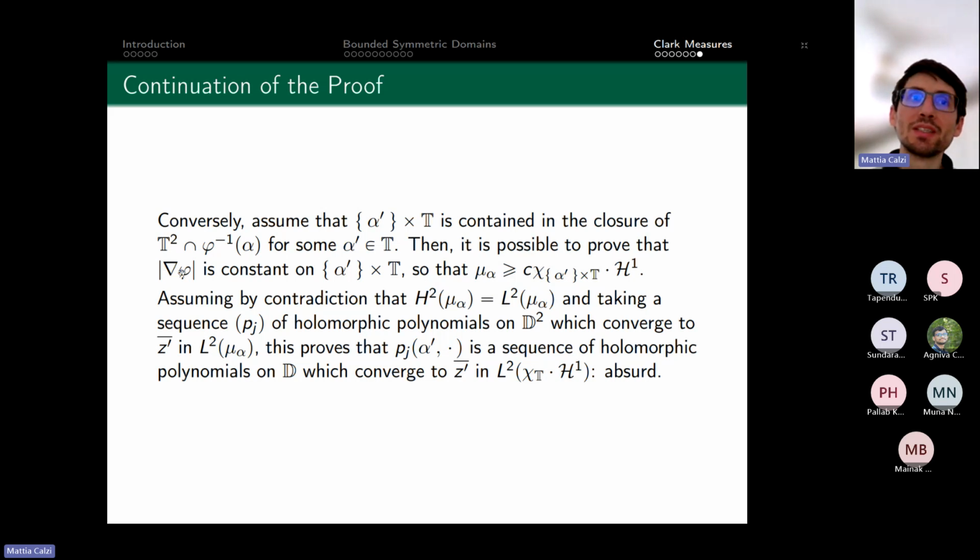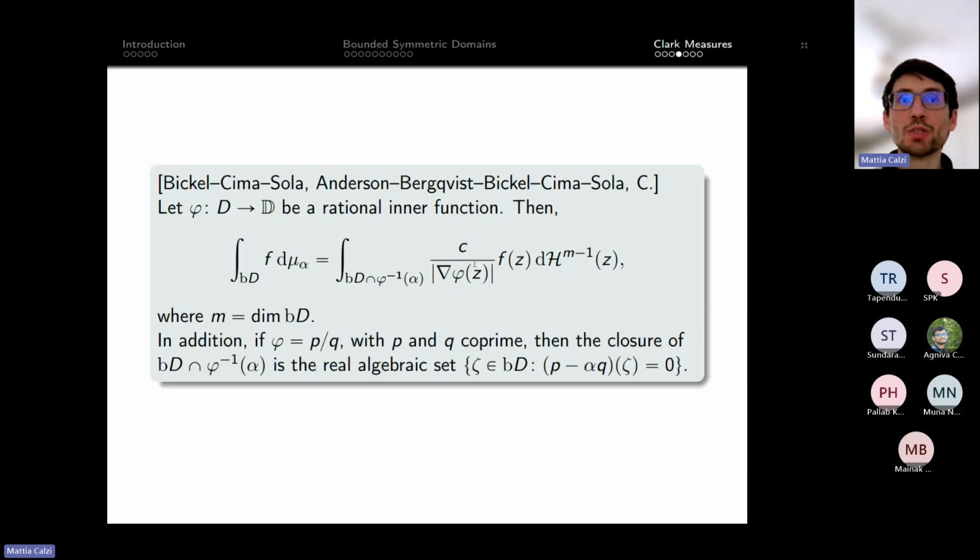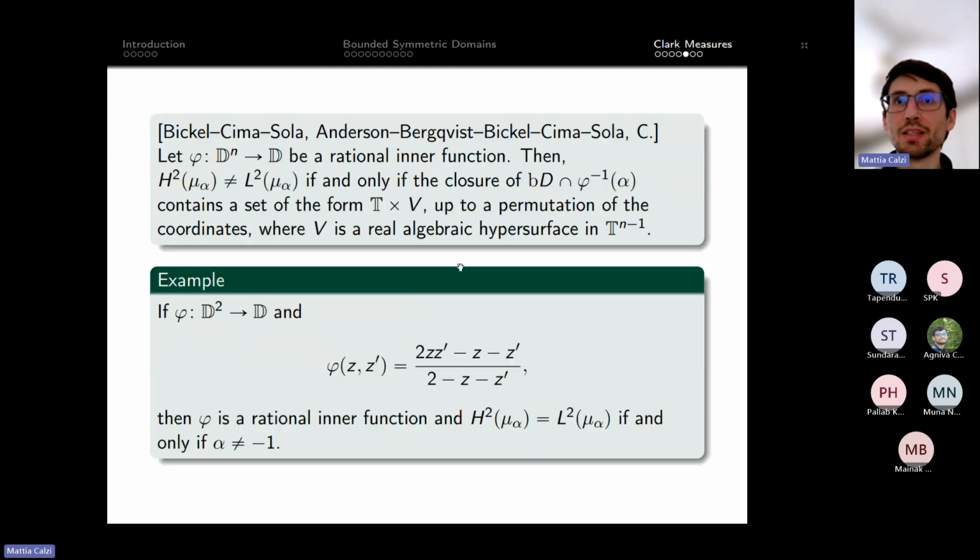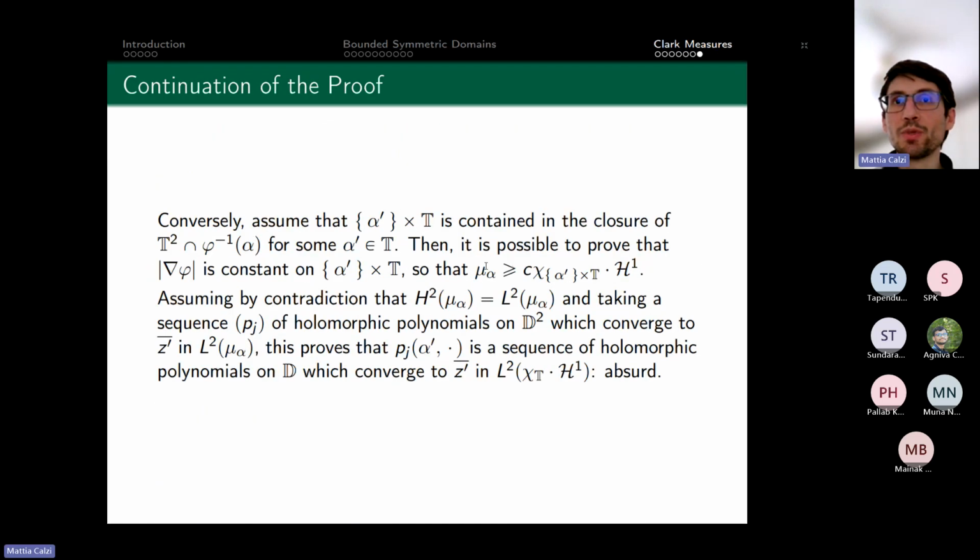What happens is that the gradient of phi is constant on this vertical torus, and because of the description of mu alpha, you get this as a density. You get that mu alpha is bounded from below by a constant times the Lebesgue measure on this vertical torus.